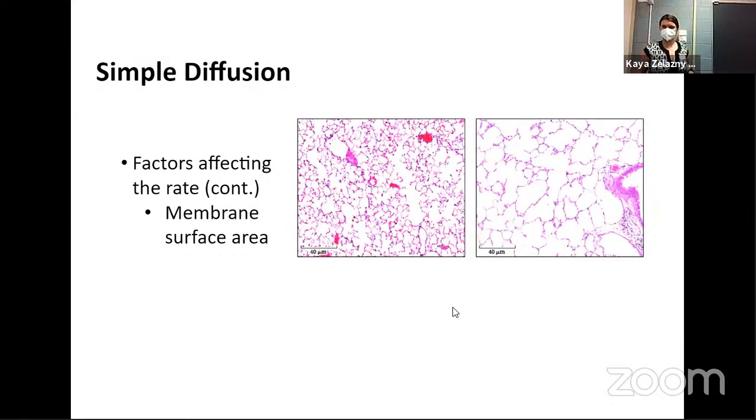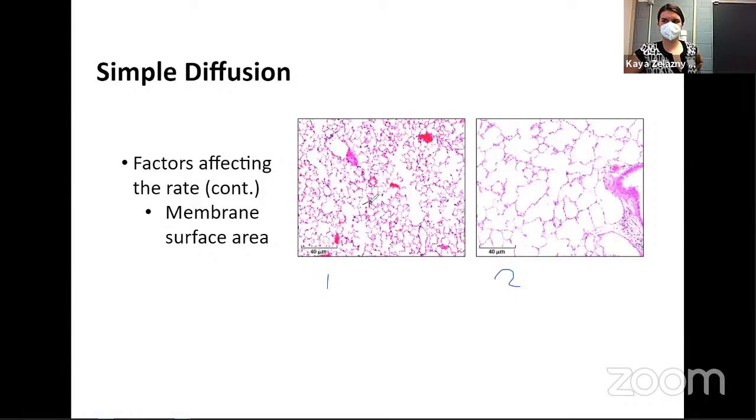So here we see some pictures of different membrane areas. You can think about if your molecule dropped on this slide, which slide are you more likely to run into a membrane and potentially cross it? Number 1 or number 2? Yeah, so you can just think about it like a maze.